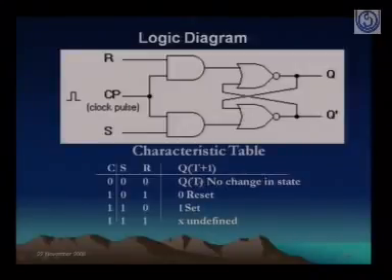So if the values of S and R are 0, 0, Q(t+1), that is the next state, will remain the present state of the flip-flop. That was the discussion when we said that after S moves to 0, the flip-flop remained in the set state.